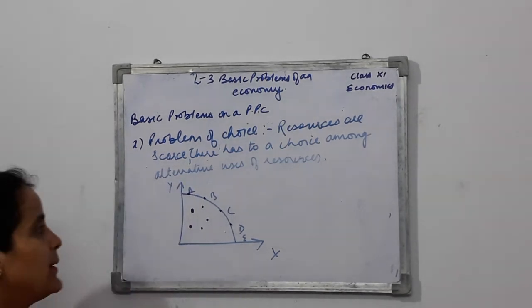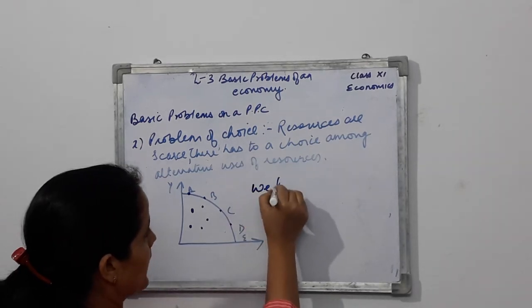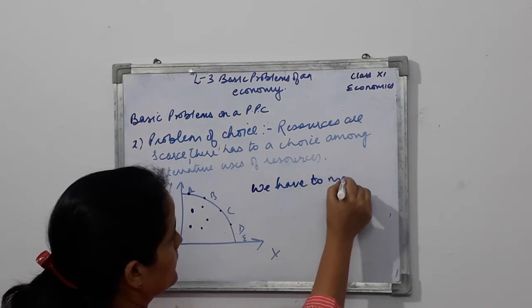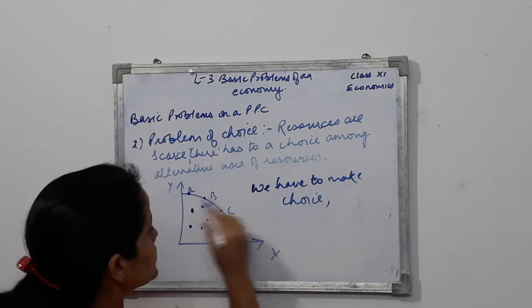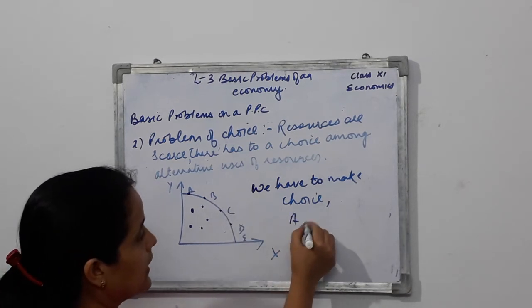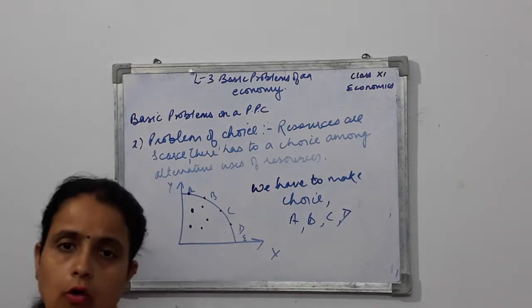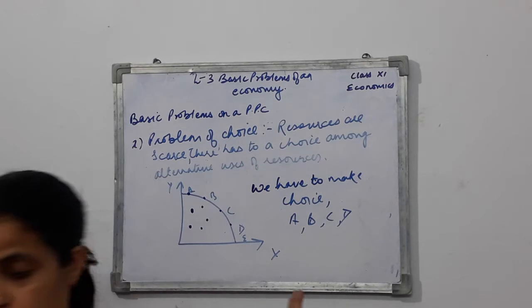But among all attainable points also, we have to make a choice. Which combination should I produce? Should I go for A, B, C or D or E? What point should I go for? So this is the major problem, another major problem that can be shown on a PPC.